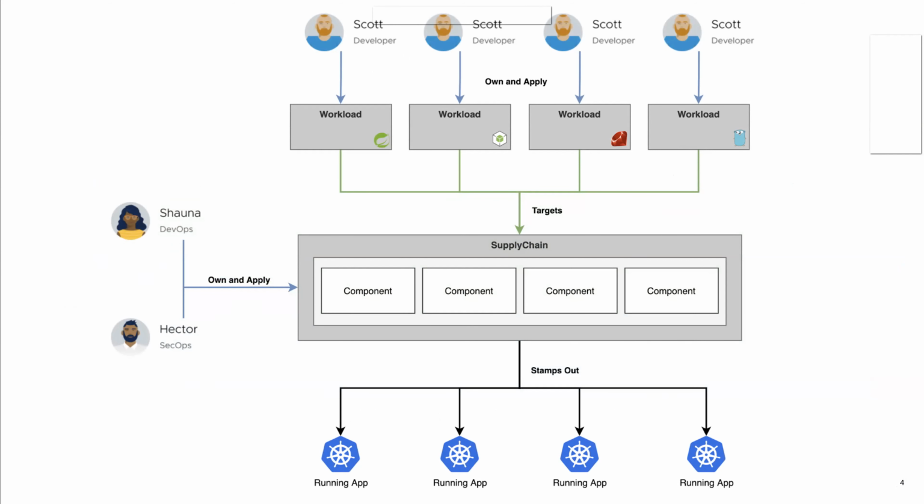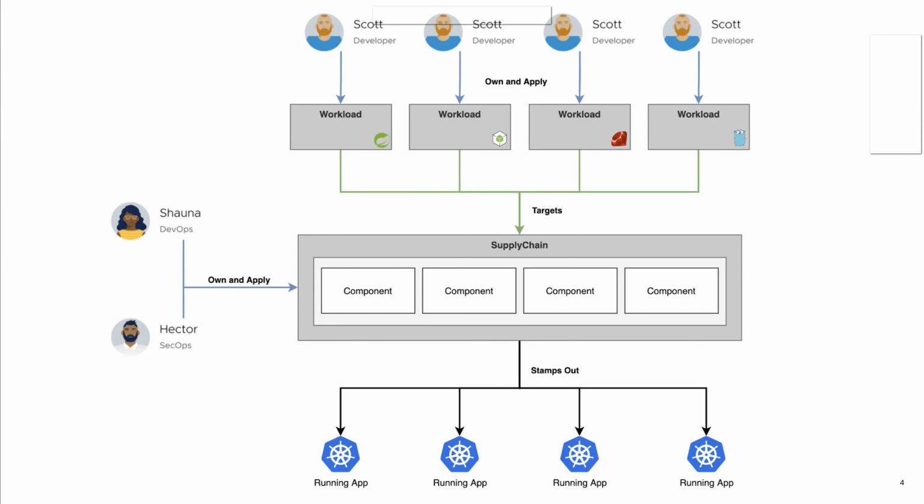SecOps, DevOps, the people responsible for ensuring that workload is compliant and secure, right? If you have certain security requirements, they are responsible for defining that supply chain. The developers themselves really focus on a very small piece of the workload definition. They're really going to identify where their source code lives.